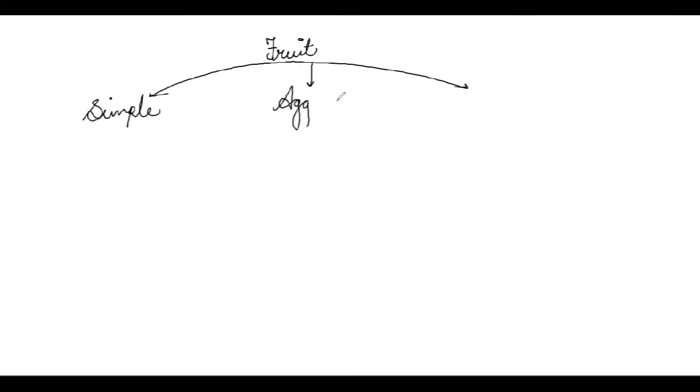Trust me, these classifications are very, very easy. These are the three kinds of fruits we have to study, and this is on the basis of how many carpels are fused or separate, forming one fruit.